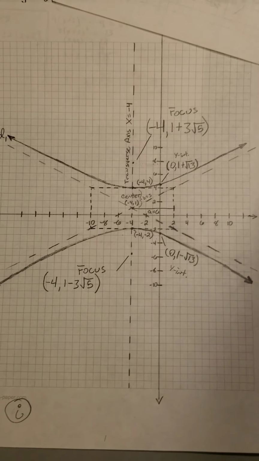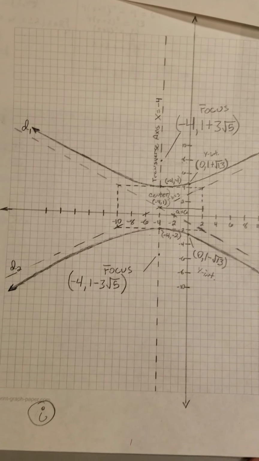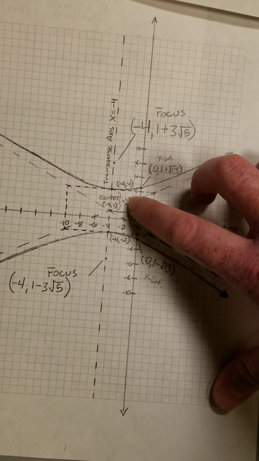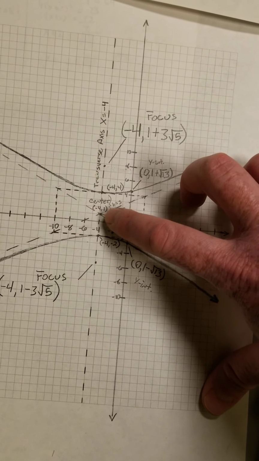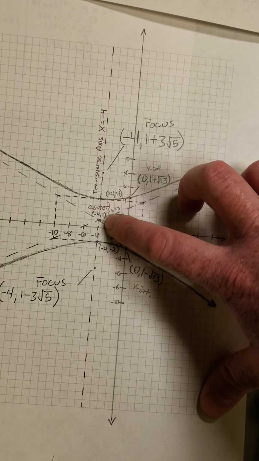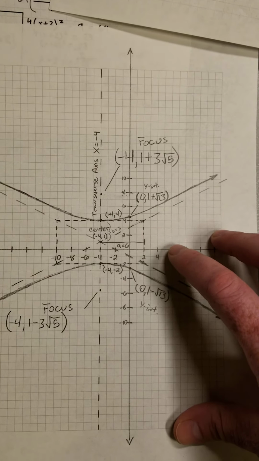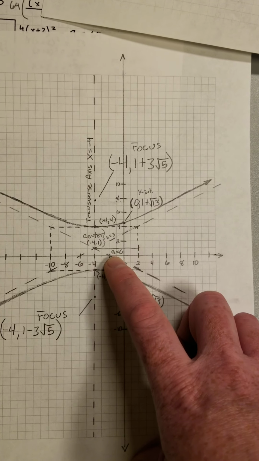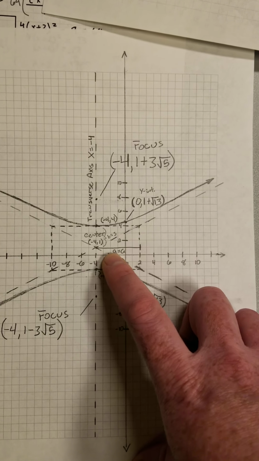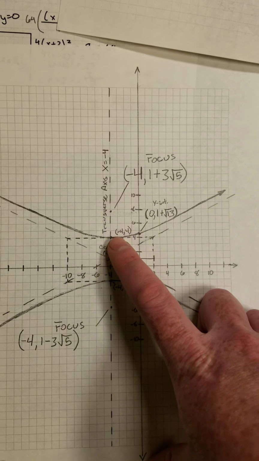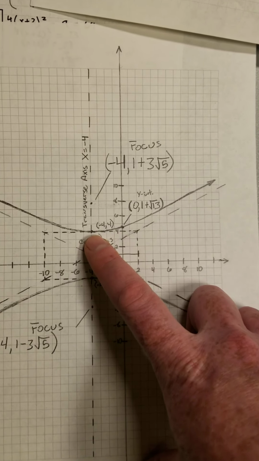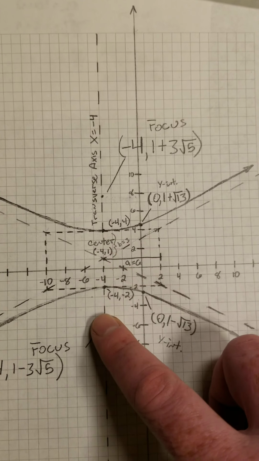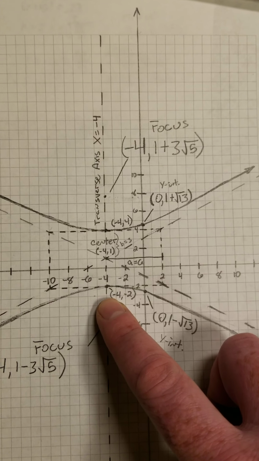And when we sketch it out, it'll look something like this. With our transverse axis, x equals -4, going right through our center point of (-4, -1). We have our fundamental rectangle because of our a value and our b value of 3 and 6, rise and run. We have our vertices at (-4, 4) and (-4, -2).